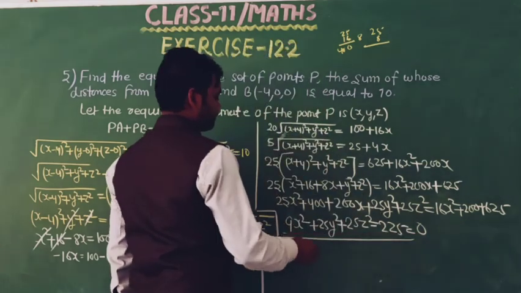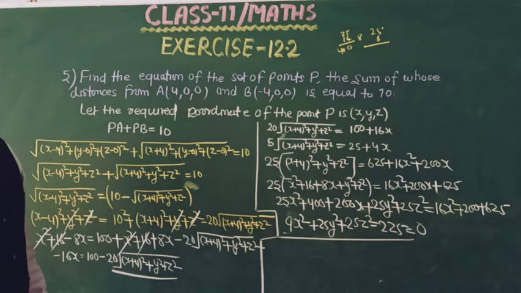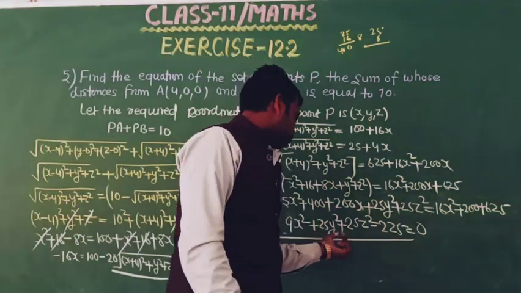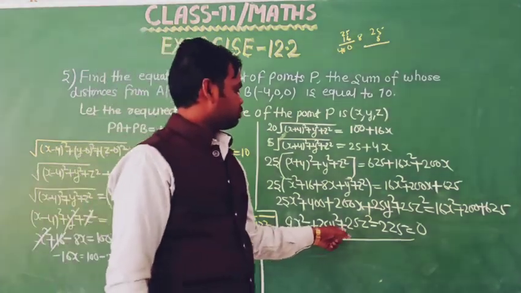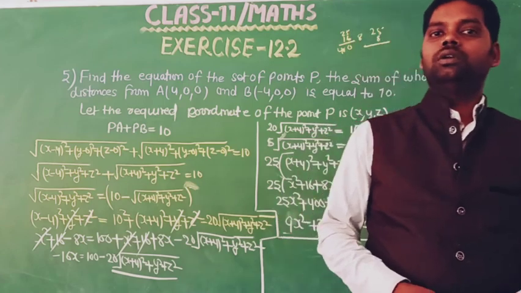So this is the required set. This is the equation of the required set of the point P, that is 9x square plus 25y square plus 25z square minus 225 equal to 0.